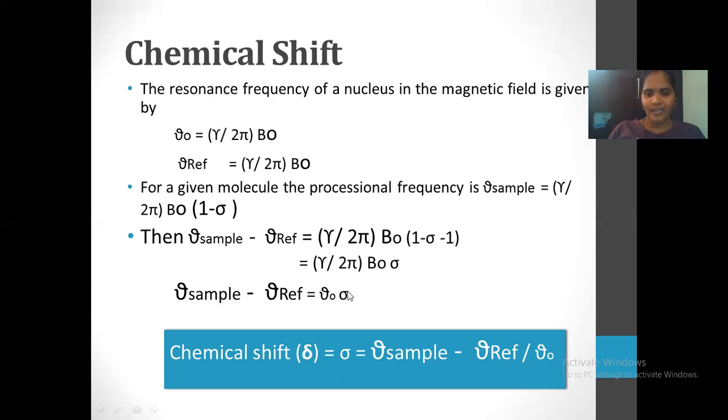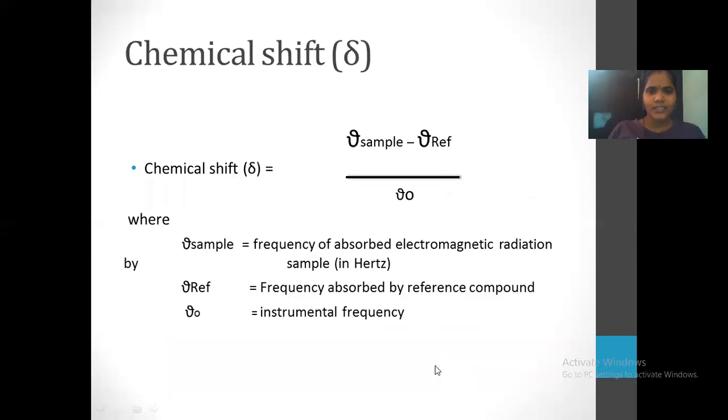From that I can calculate sigma, which is nothing but the chemical shift, equal to (mu sample minus mu reference) by mu 0. Here mu sample is the frequency of electromagnetic radiation absorbed by the sample in hertz, mu reference is the frequency absorbed by the reference compound, and mu naught is the instrumental frequency.